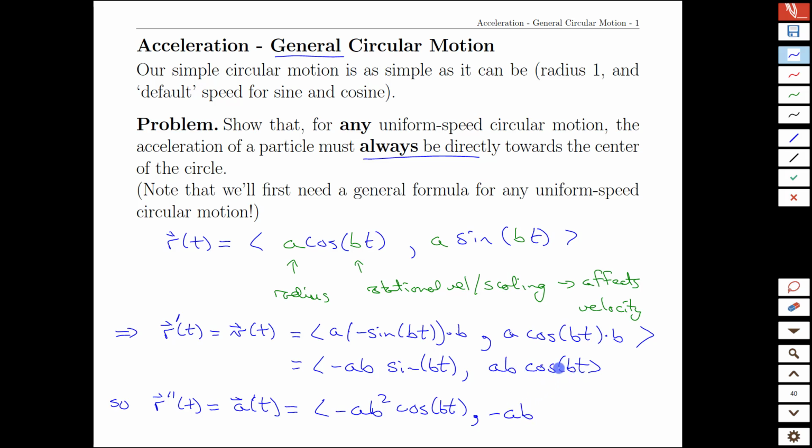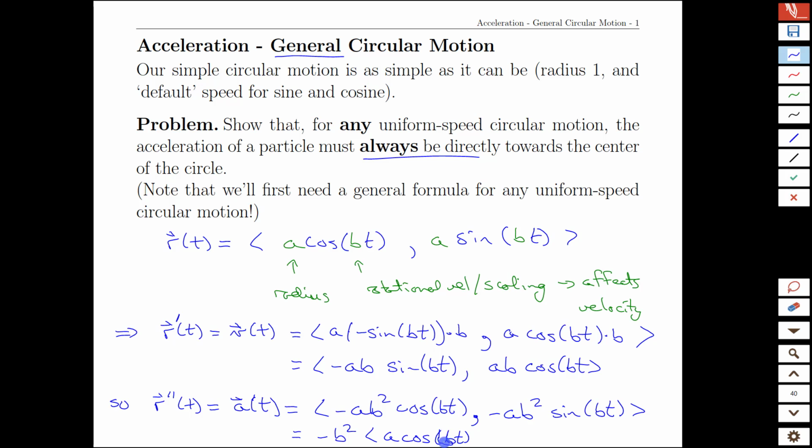We have a b, we're going to get another b from the chain rule, so b squared sine bt, and we see exactly the same pattern we saw in the last example, where we have r double prime equal to r, almost. r was just a cos bt, so if we factor out what we don't need, we actually have a negative b squared a cos bt.